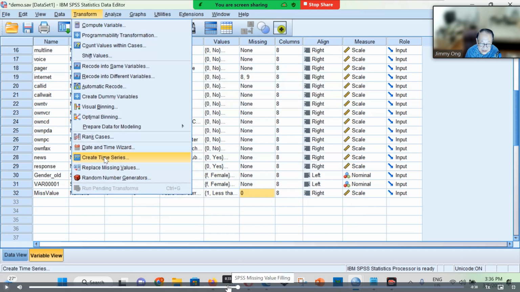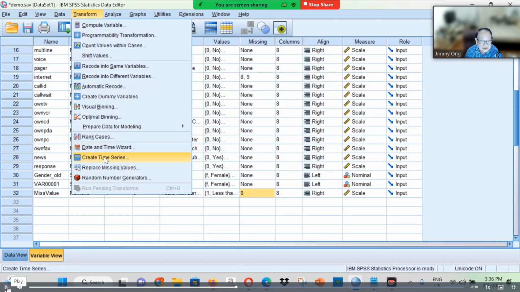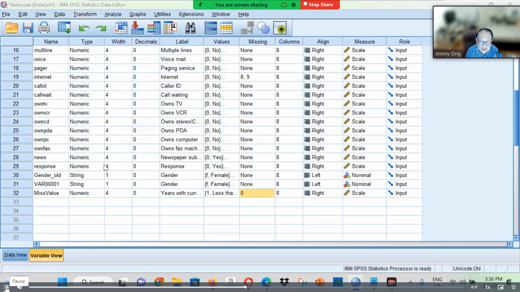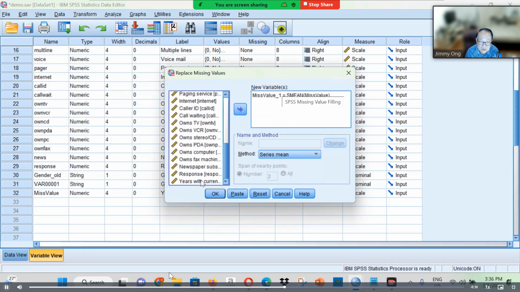After that, very fast. After you go to Transform, Transform missing data is here. After you tell the computer missing data is 0, this one will be there for you.